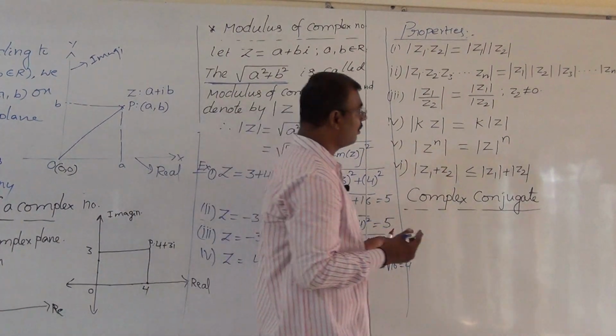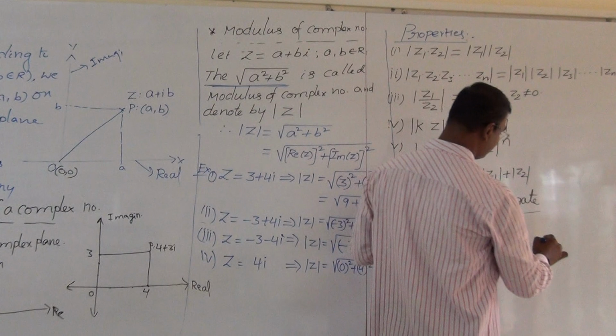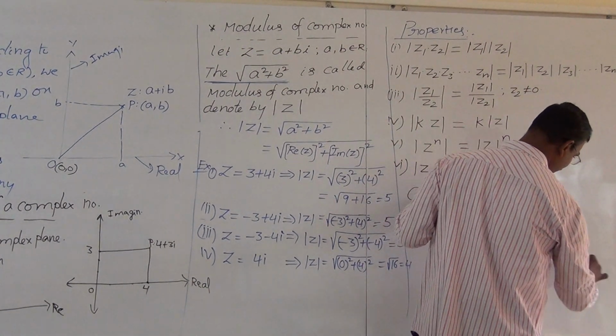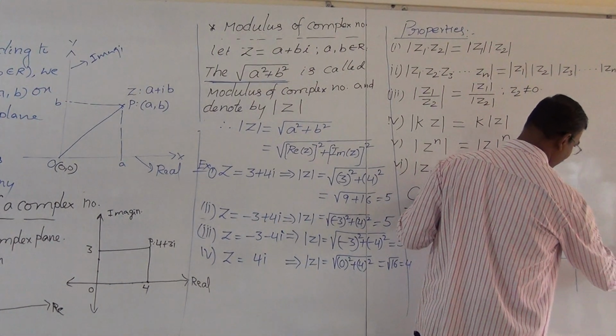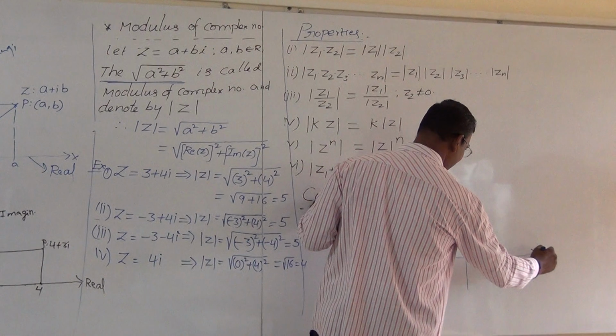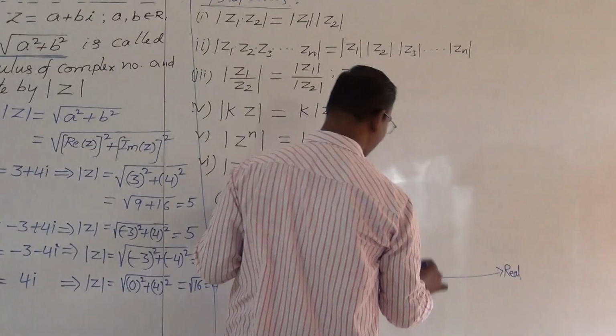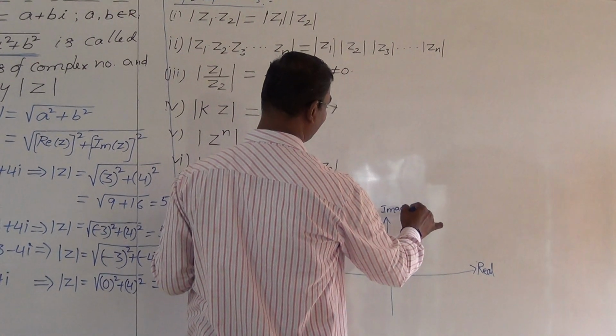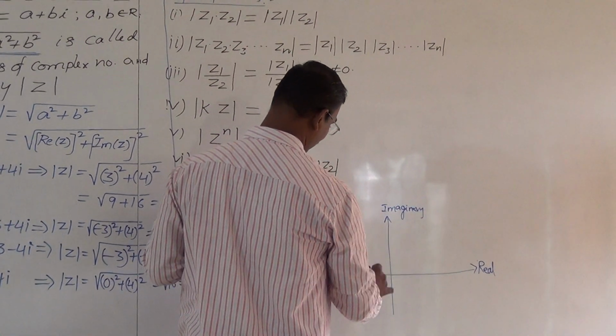To define it, let us take the complex plane. This is called the complex plane. By mistake, don't write x-axis here. What do you call it? Real axis. And this is the imaginary axis.